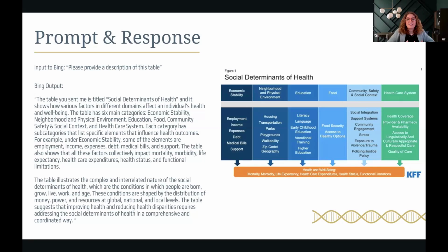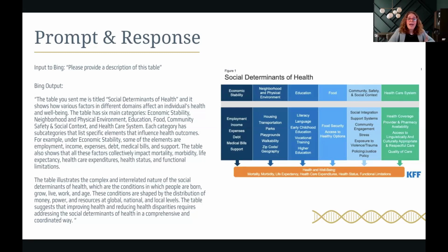As we've been learning, this is very much an iterative process that requires an investment of time. But it was interesting how, for me, who knows much less about the social determinants of health than you all do, it led me to different questions and investigative paths that I might not necessarily have gone down had I not begun this process.